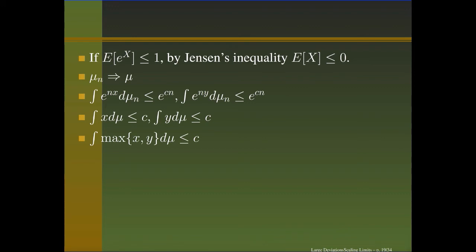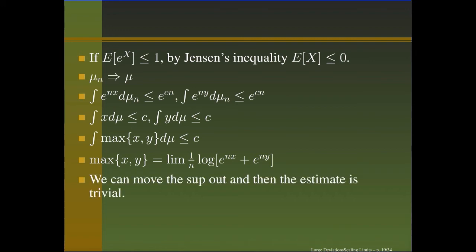Because you can write the max of x and y simply as the limit of 1 over n log of e to the nx plus e to the ny. We have an estimate of e to the nx, we have an estimate of e to the ny, and so we have an estimate of e to the nx plus e to the ny, which is just twice e to the cn. So you get an extra factor of log 2 over n. Well, as n goes to infinity, log 2 over n goes to 0.